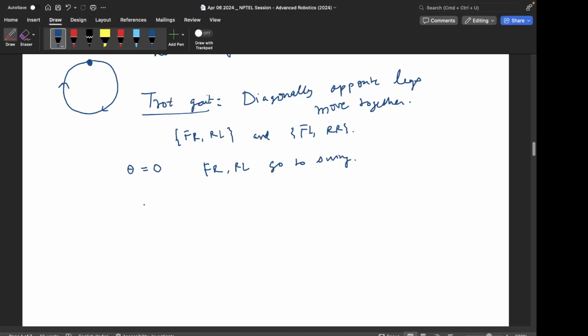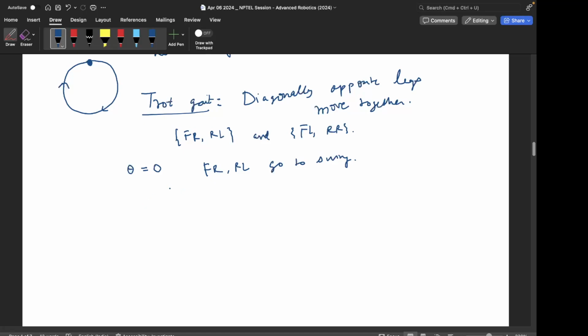Now phase offset means the relation between the swing phases and stance phases between the legs. Since FR and RL go to swing together, there are two phases, swing phase and stance phase. So when two legs are swinging together or in stance together, then the phase offset between them is 0. When there is a gap between the phases of two legs, then there is a certain non-zero offset between those two legs.